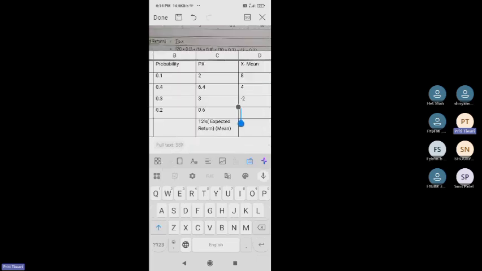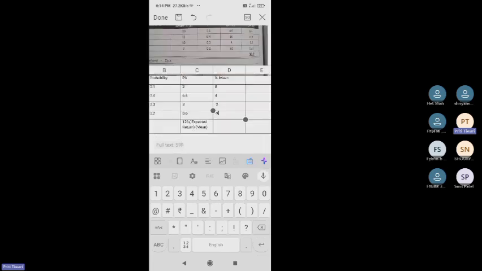Then the last, 3 minus 12 would be minus 9. Over here you can see the deviations are very large, so we will have a high variance.